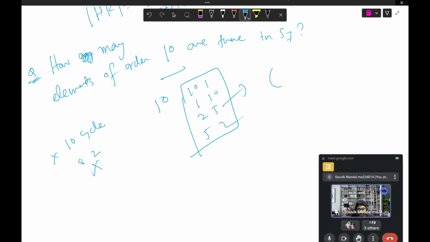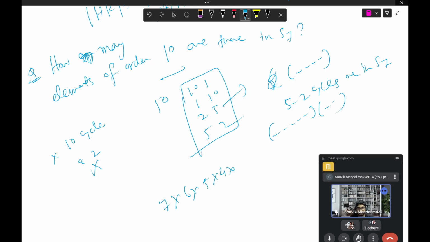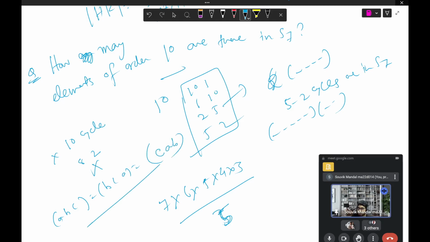So we need to check how many 5 2 cycles are in S7, right? So how many 5 cycles are there? That is 7 6 5 4 3 divided by 5, because in a 5 cycle, if ABC is the same as BCA, the same as CAB, any 5 cycle can be written in 5 ways.